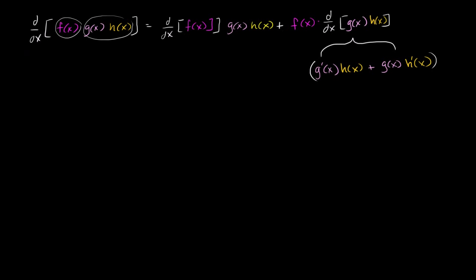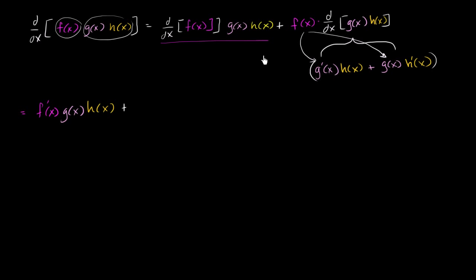So let's rewrite all of this stuff here. This first term right over here, we can rewrite. All of this is going to be equal to f prime of x, that's that right over there, times g of x, times h of x, plus, and now we're going to distribute this f of x. So it's f of x times this plus f of x times this.